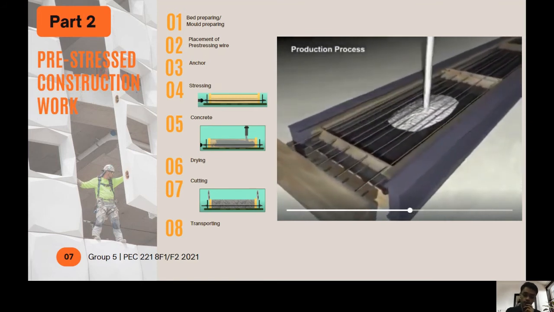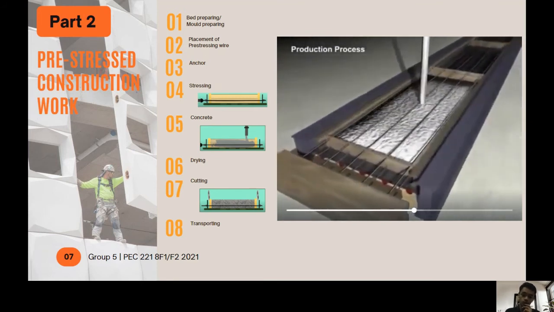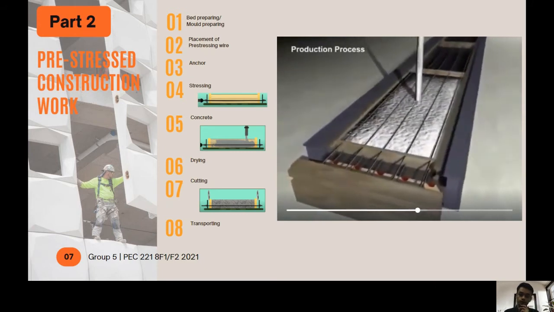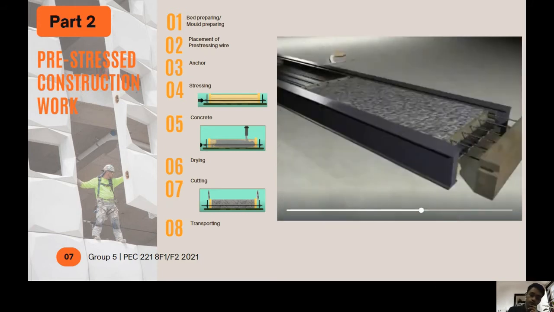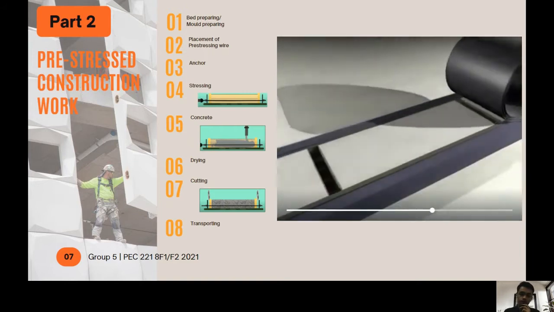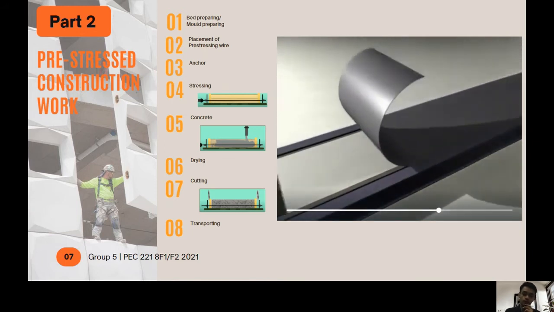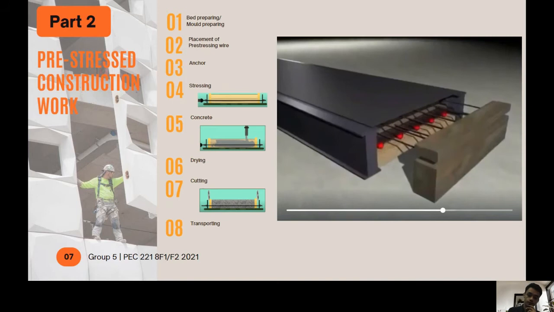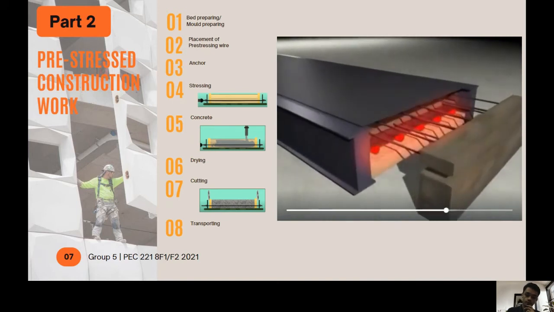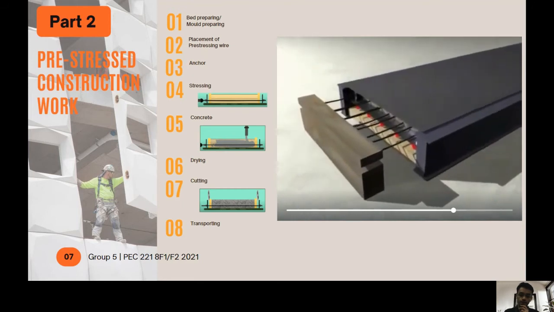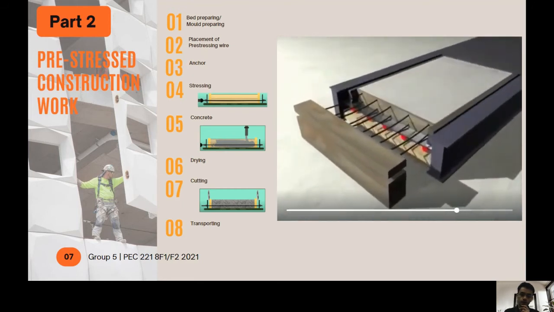Then they will pour the concrete inside the mold. After that, they will wait until the concrete dries.